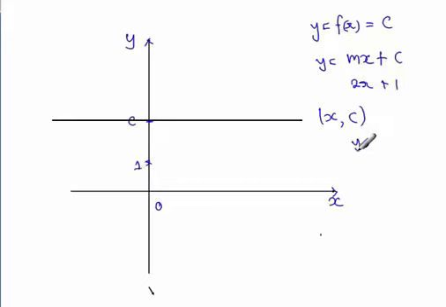Remember, the gradient is y2 minus y1 over x2 minus x1, and that is called m.